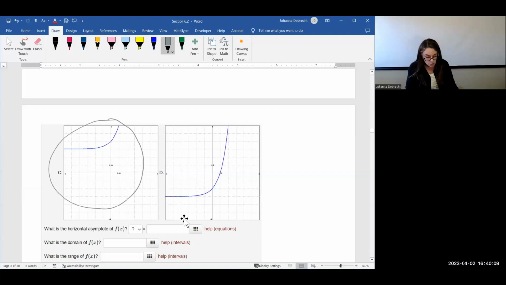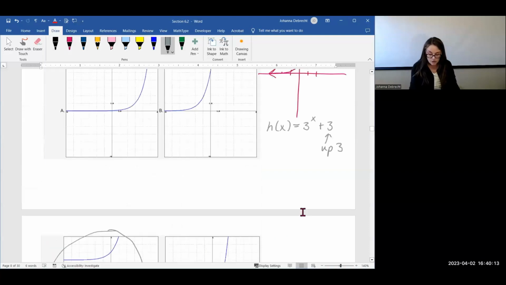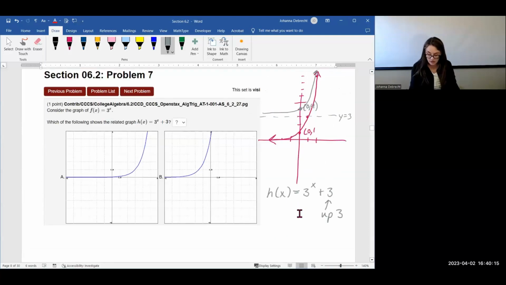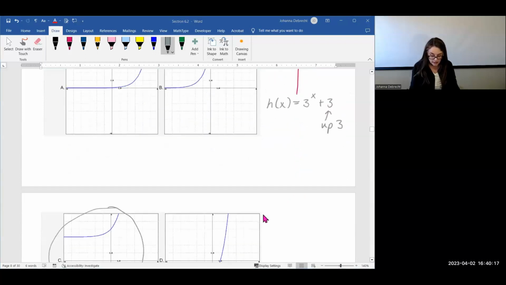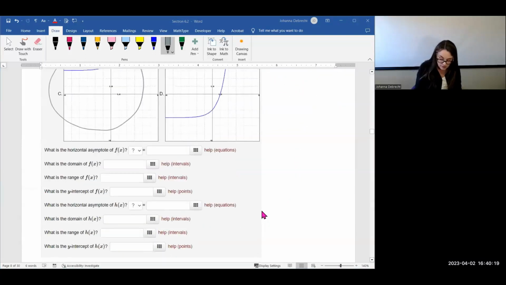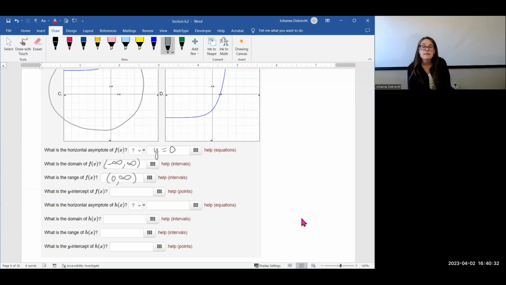Now, what is the horizontal asymptote of f of x? The horizontal asymptote of f of x, the original, is y equals 0. And the domain of the original is negative infinity to infinity, and the range goes from 0 to infinity. The normal function goes through (0, 1).